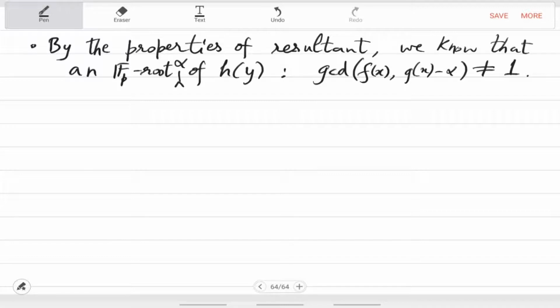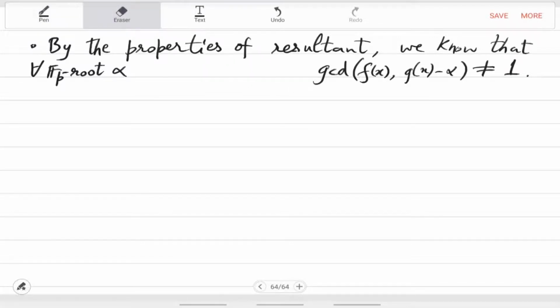Actually this is for any Fp root. So any Fp root alpha of H(y) will share a non-trivial GCD with F. G minus alpha will share a non-trivial GCD with F. And any alpha for which the GCD is non-trivial has to be a root of H. Right?